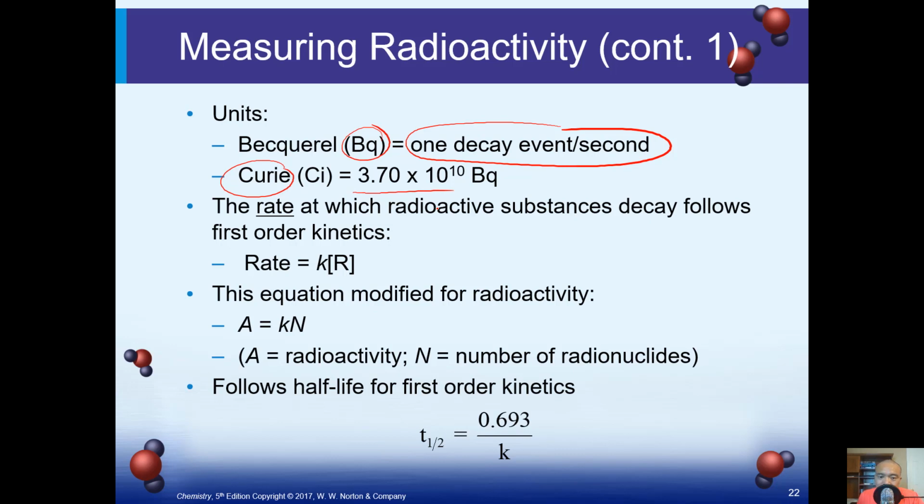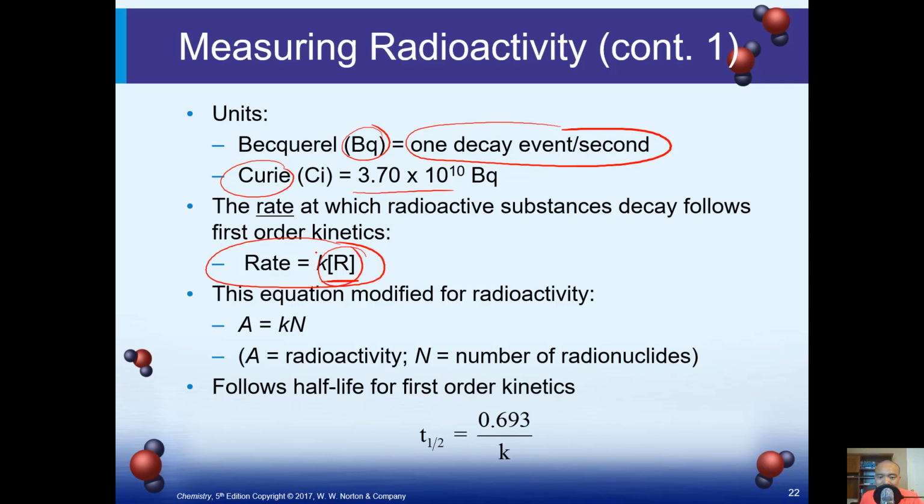Both these units provide a measure of the rate of decay, which can be used to determine the amount of radionuclides in a sample based on the kinetics. Remember, from first order kinetics, the rate equals k times the concentration of R, where k is the rate constant and R is the concentration of the reactant.